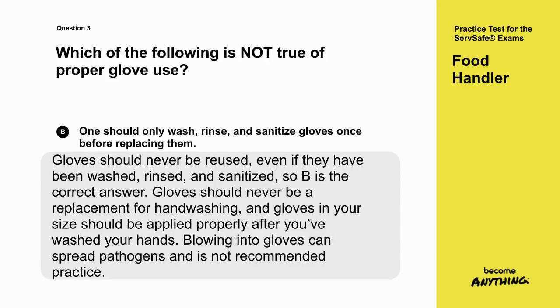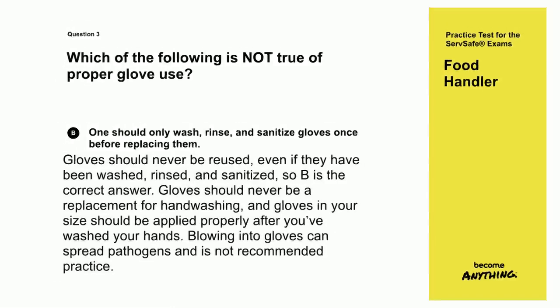Gloves should never be reused, even if they have been washed, rinsed, and sanitized, so B is the correct answer. Gloves should never be a replacement for hand washing, and gloves in your size should be applied properly after you've washed your hands. Blowing into gloves can spread pathogens, and is not recommended practice.